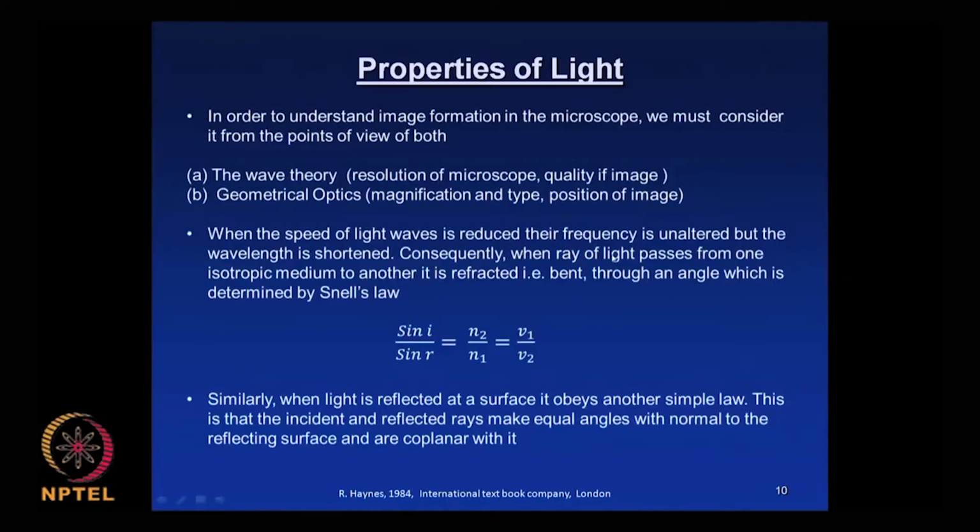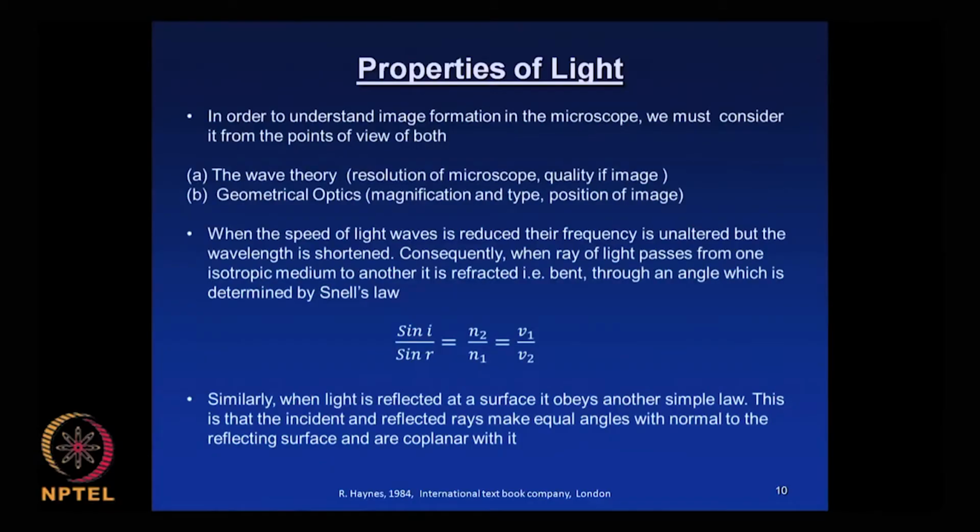Consequently, when a ray of light passes from one isotropic medium to another, it is refracted, that is, bent through an angle which is determined by Snell's law. We all would have heard this fundamental law of light, where when light propagates from one isotropic medium to the other, it bends or refracts.